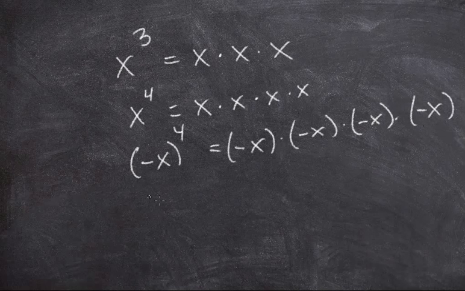Now, if I did not put parentheses and I put just minus x to the power of 4 without parentheses, what this is equal to is minus 1 times x to the power of 4. So this minus is not raised to the power of 4, just the x is raised to the power of 4. So that means this is going to be equal to minus 1 times x times x times x times x.